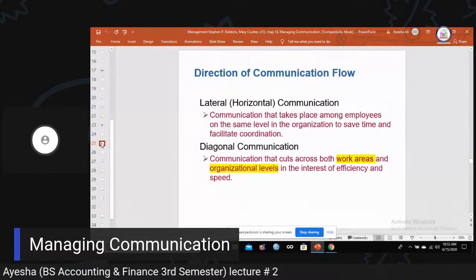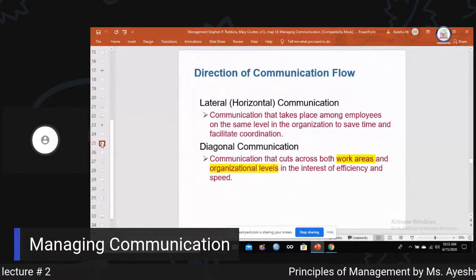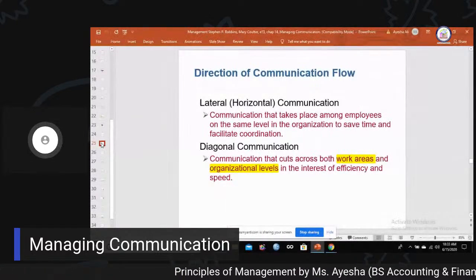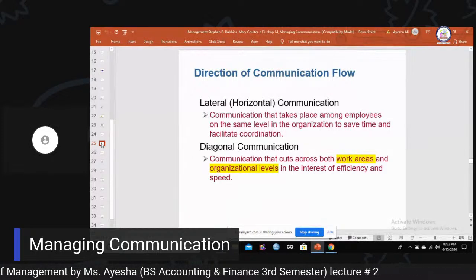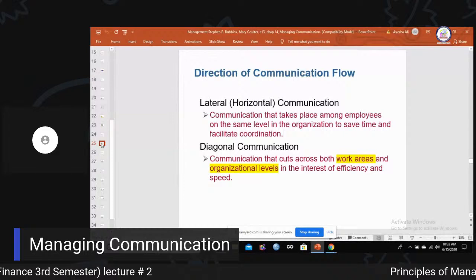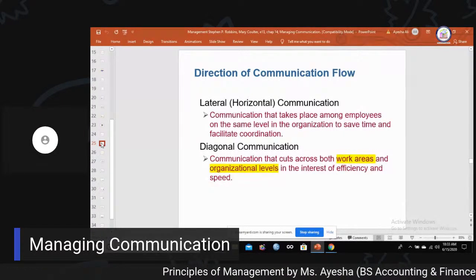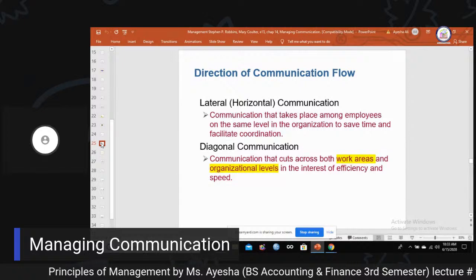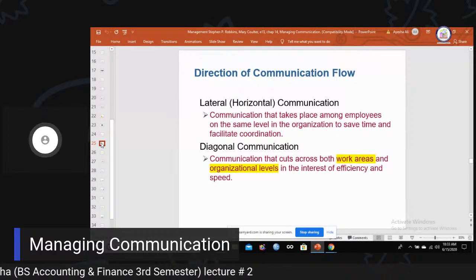So from 7:30 to 8, they have the half hour meeting to communicate, because it's so important to communicate, because we have to know about the situation of the patient. So this is lateral communication. It's also very beneficial. It increases the efficiency. It saves time.